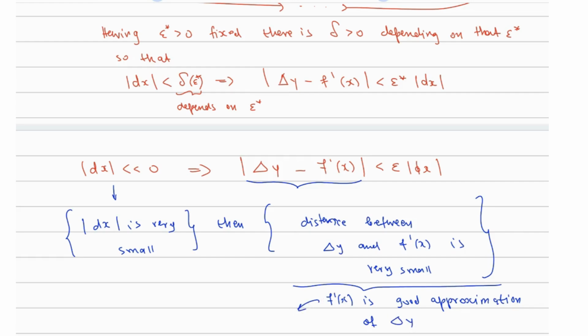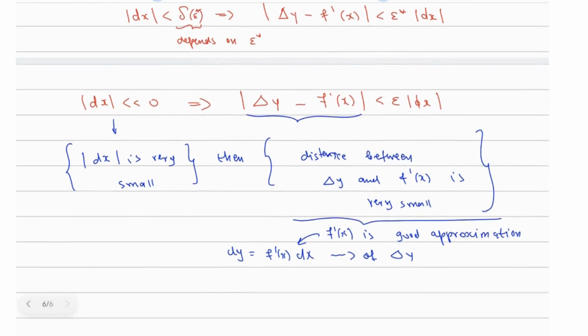Going back, that means that dy, which is f prime of x dx, is a good approximation to delta y.